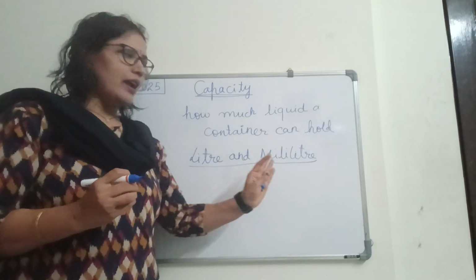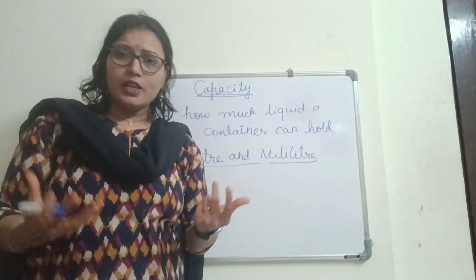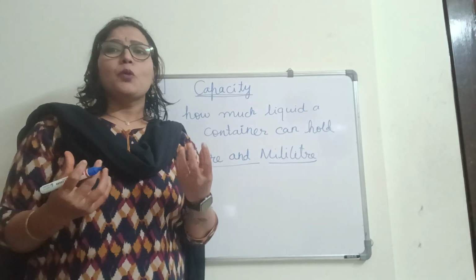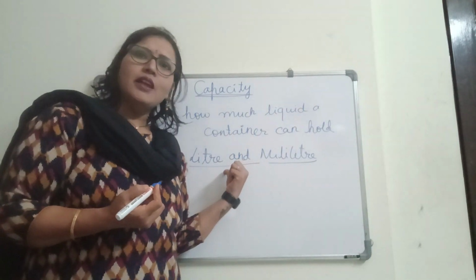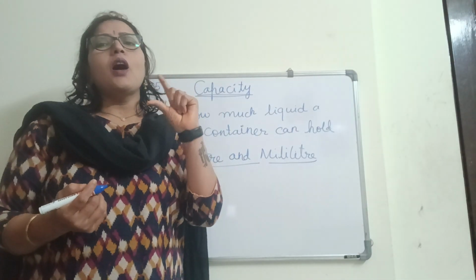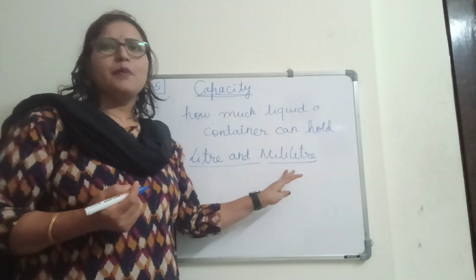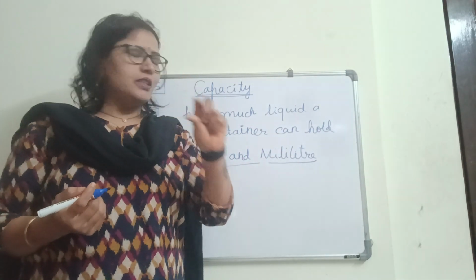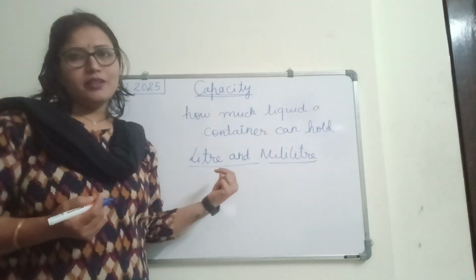One is liter and another is milliliter. When more liquid is there, suppose a 2 liter juice bottle, we measure in liter. Medicine syrup, cough syrup or fever syrup, we measure in milliliter. So small amounts are measured in milliliter and bigger amounts in liter.